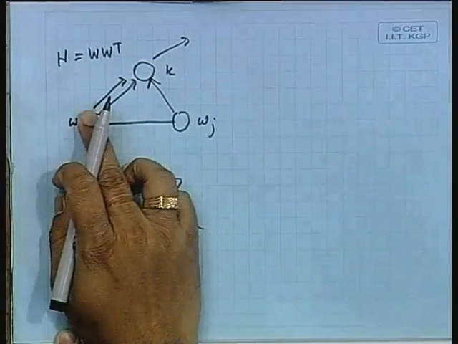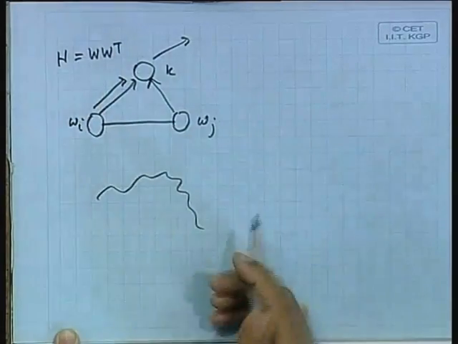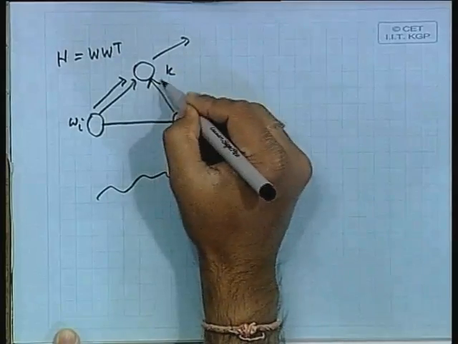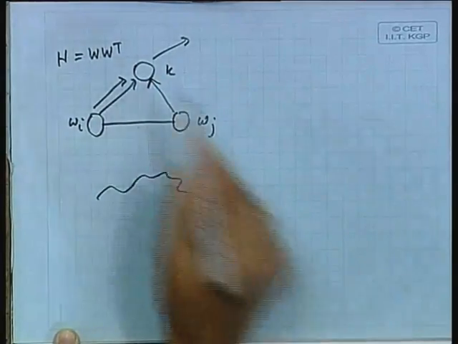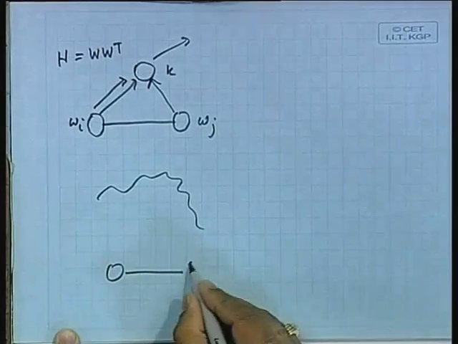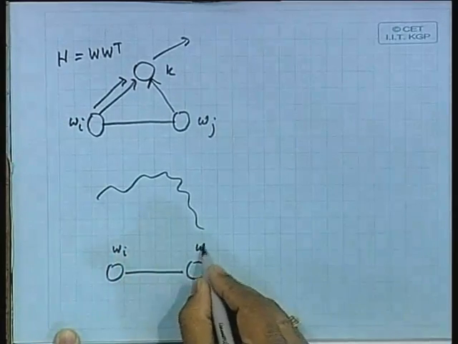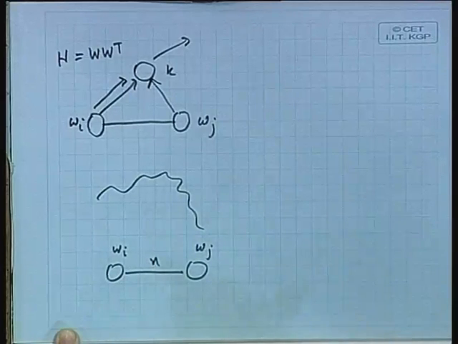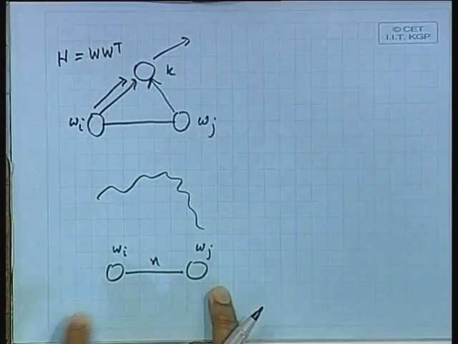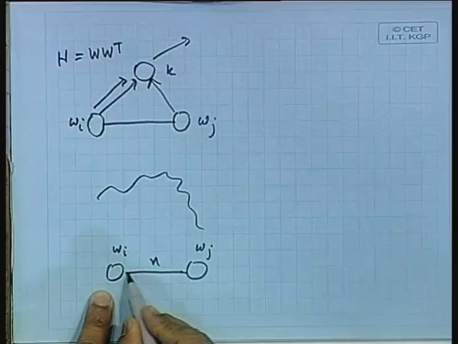You are doing a random walk on the hub matrix, and this hub matrix is nothing but, if there are n such nodes to which both wi and wj point to, then the weight between wi and wj will be n. Again, this is also a symmetric matrix. W W transpose is a symmetric matrix. So one may think of this graph as a directed structural equivalence.